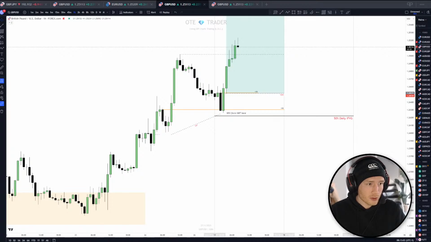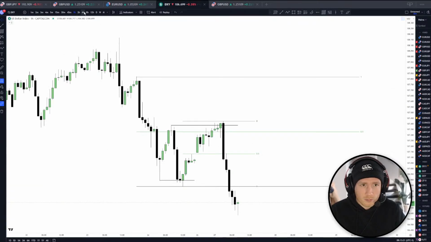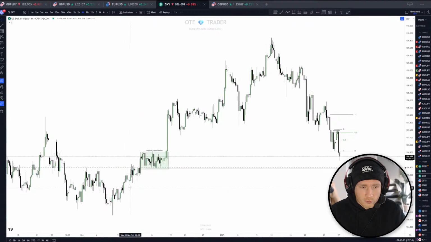What are the chances that DXY will bounce off the 4-hour order block if we sweep liquidity? Is it always sweep highest probability if fair value gap not respected? Wait, what? What are the chances that DXY will bounce off the 4-hour OB? What OB?